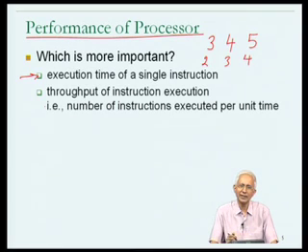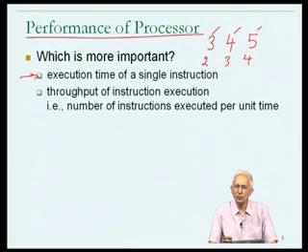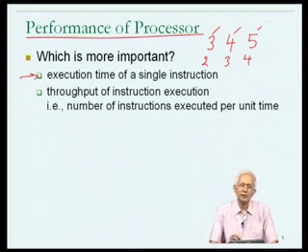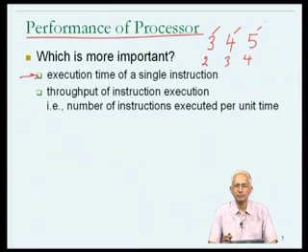Whereas the second objective says, don't worry too much about individual instruction execution time, but try to improve the rate at which instructions execute, which is an interesting concept. It's not too clear at this point how that could be done. But let's assume our objective is to make our programs run as fast as possible. That's the ultimate bottom line.